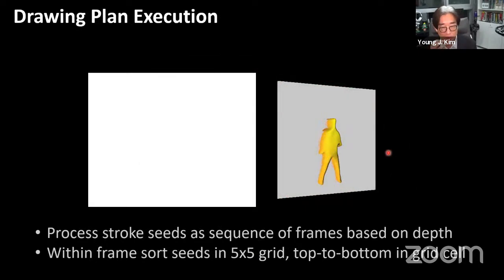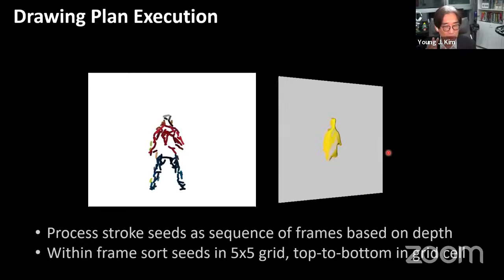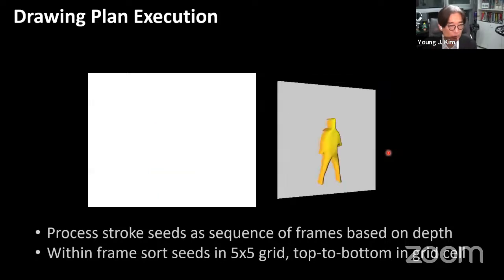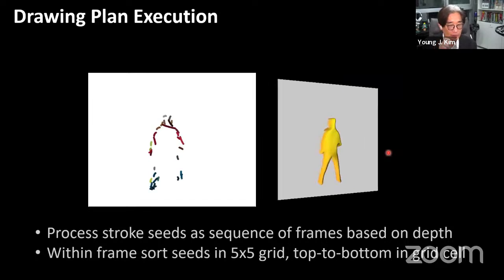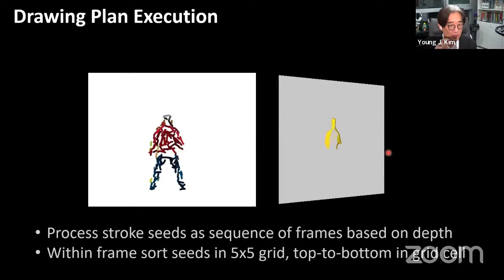Of course, we estimate the depth using existing depth map estimation for each segmented region, and then by combining those two, for each segmented region and each superpixel, we draw from back to front in that ordering.